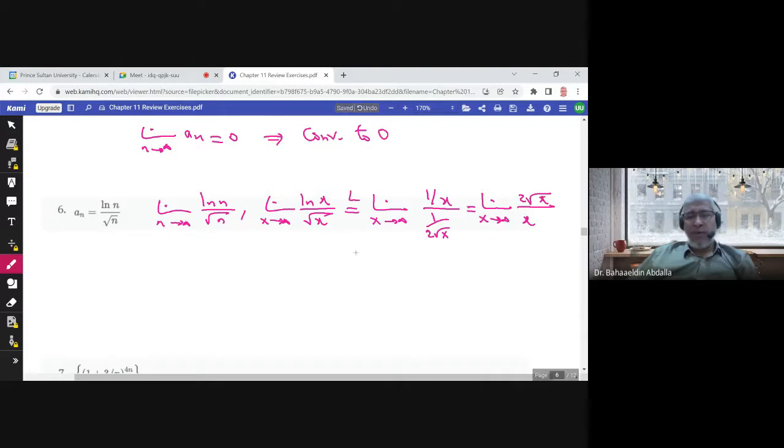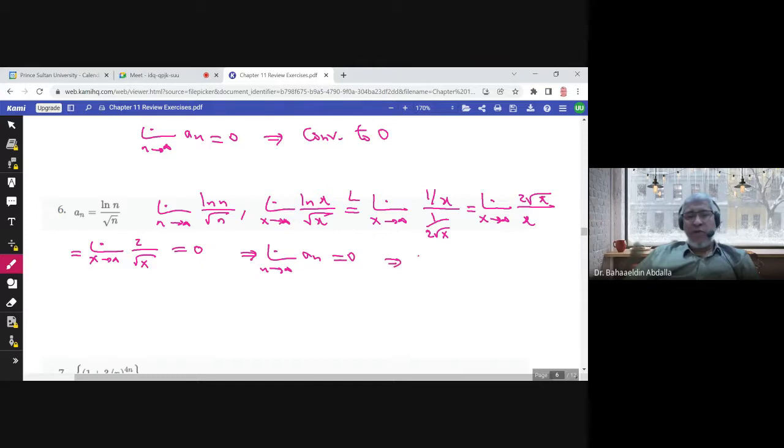Okay, so I will have the limit of 2 over square root of x over x. I'll have square root of x here because x to the power 1 minus half is half. And now 2 over infinity is 0. So the limit is 0. So the limit of a_n when n goes to infinity is also 0.